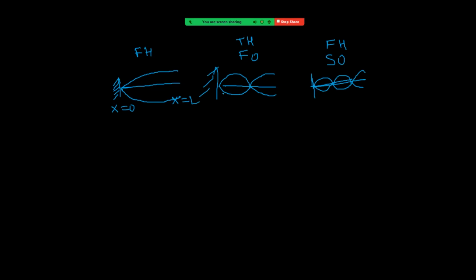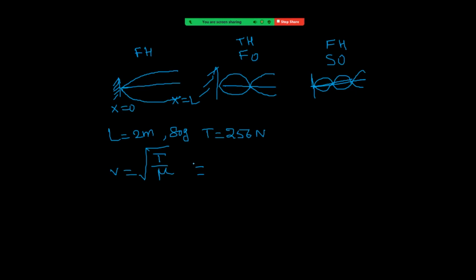Okay, first I want to calculate the speed. We are given length equal to 2 meter, mass is 80 gram and tension equal to 256 Newton, right? So speed equal to root of T by mu.